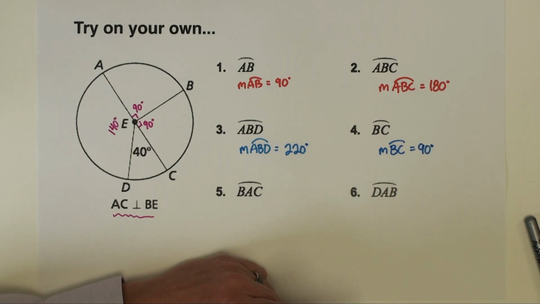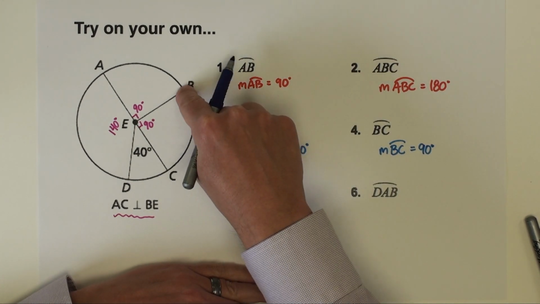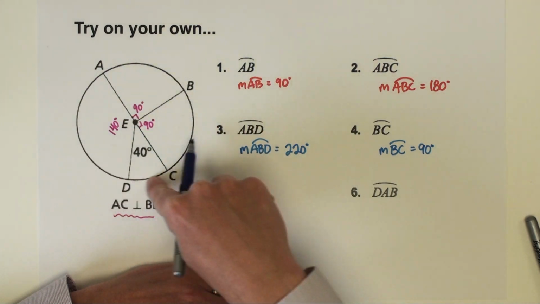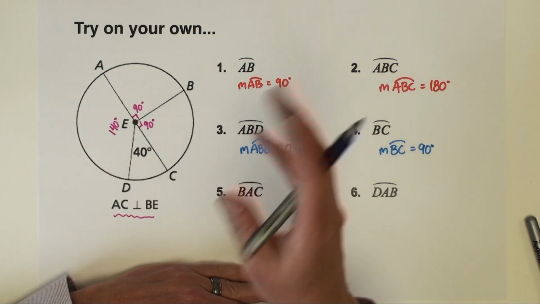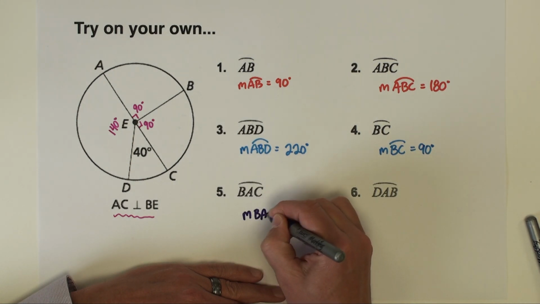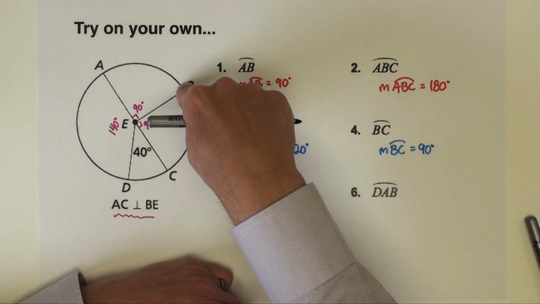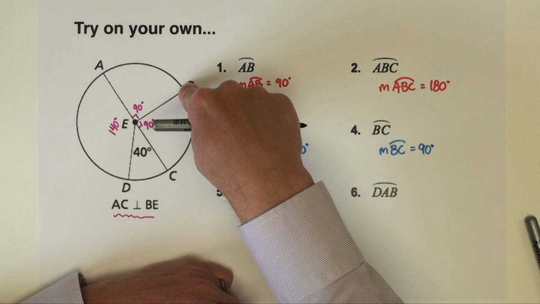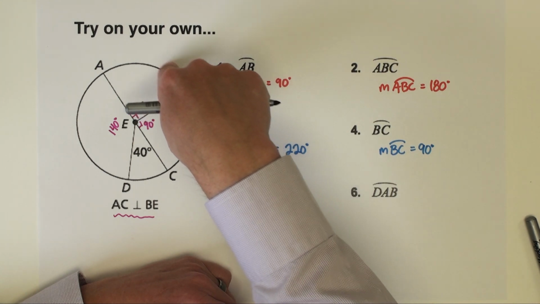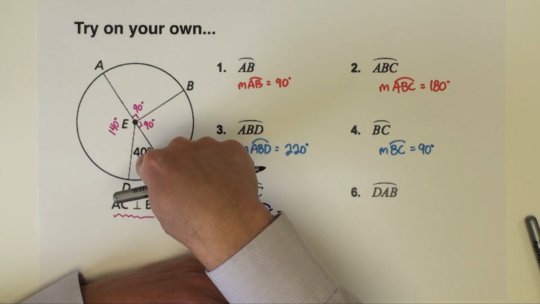And then finally, the last two here on the bottom, arc BAC. So start at B, go through A, and end at C. So there's a couple ways we can do this, and let me explain both. I could add all the central angles that intercept the arcs along the way. So do 90 plus 140 plus 40.